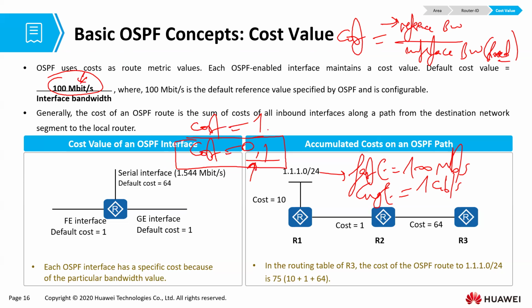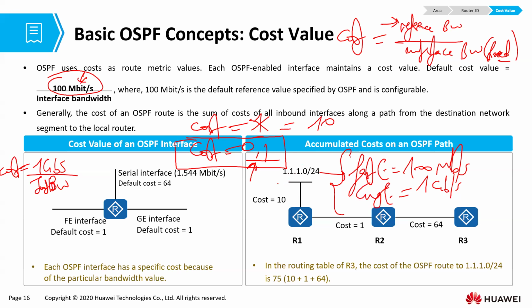In an example where you have both Gigabit Ethernet and Fast Ethernet, you can change your reference to probably the highest interface you have. So if I change my reference to 1 gigabyte per second, then my cost will be 1 gigabyte over interface bandwidth. That means for Fast Ethernet, it's no longer 1, it's now equal to 10, 1 gigabyte over 100 megabytes.